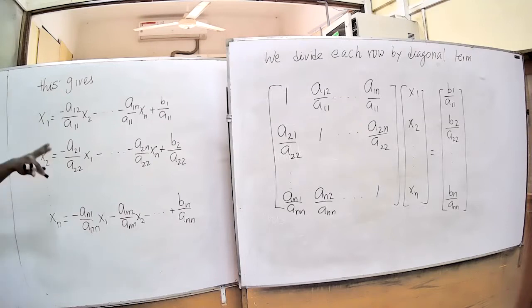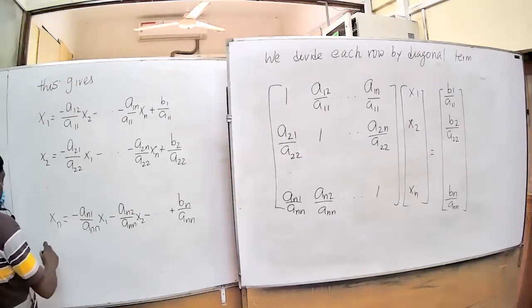So what I do is I solve the first equation for x1, second for x2, third for x3, and so up to xn. That means I can write this as a single equation in notation.